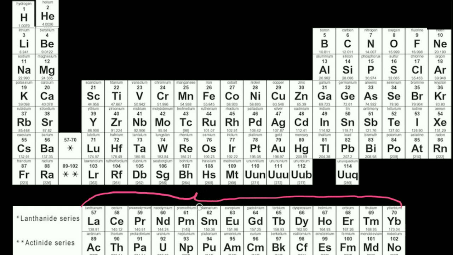You're probably not going to be asked to figure out the electron configuration for an element inside the F block.